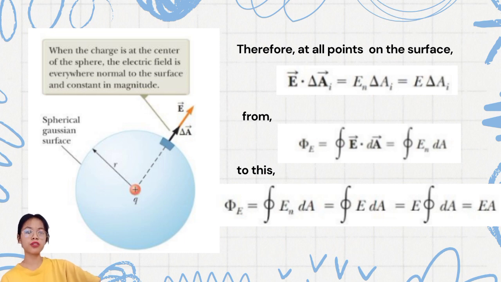Again, the electric field integrated over the surface area equals the component of the electric field perpendicular to the surface times the local element of area.